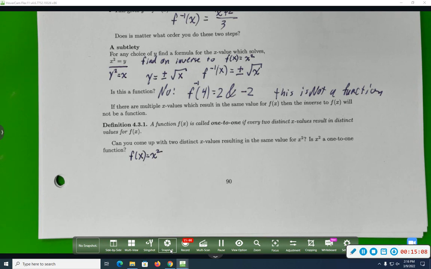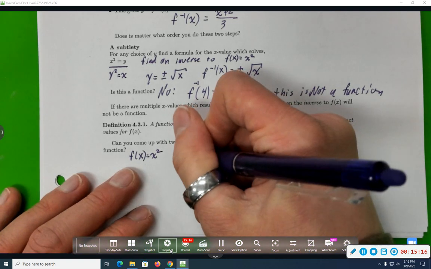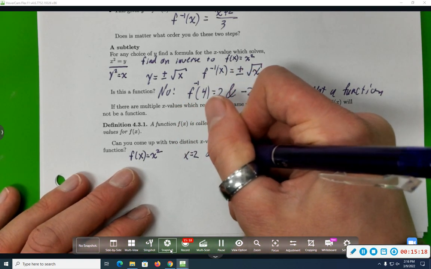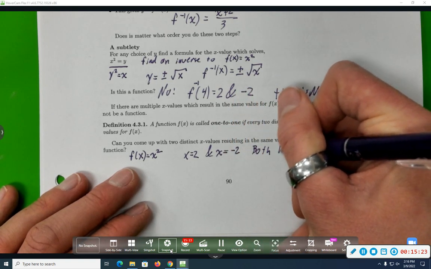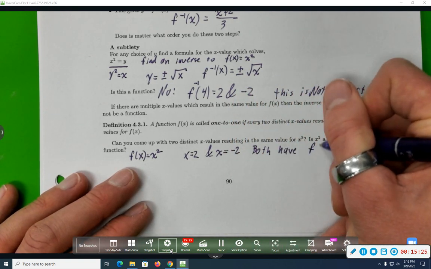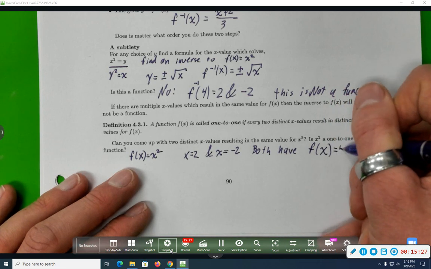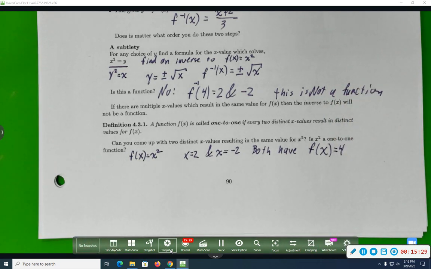Those two are distinct inputs, but they both have an output value of 4. So x equals 2 and x equals -2 both have f of x equals 4.